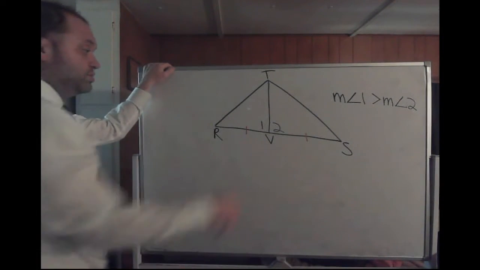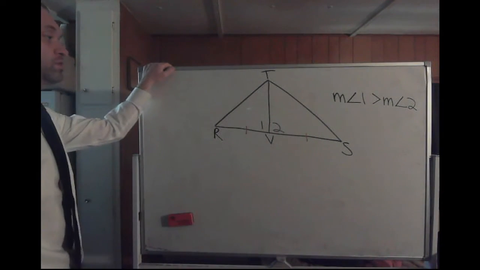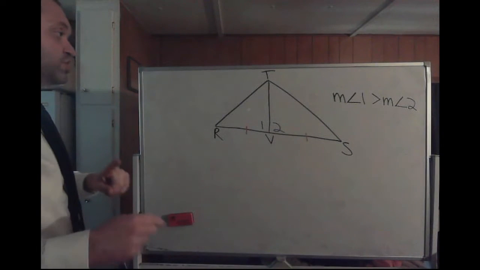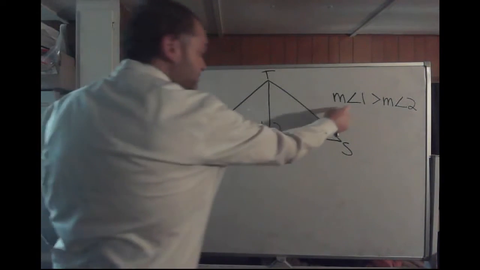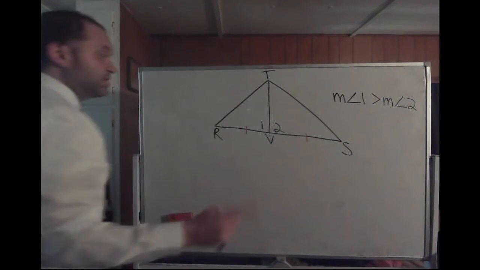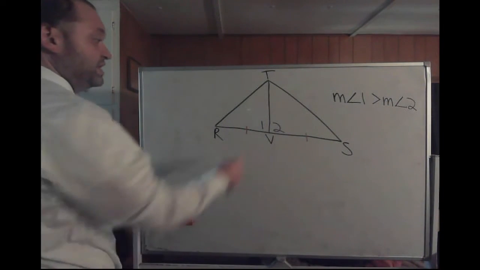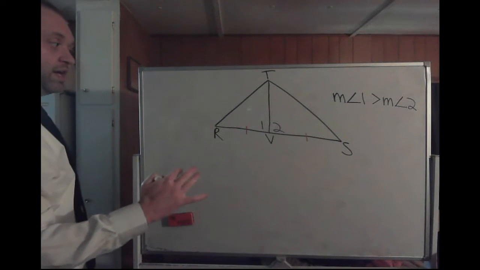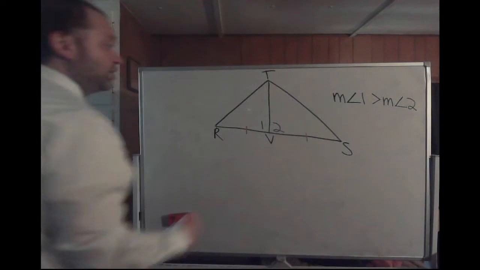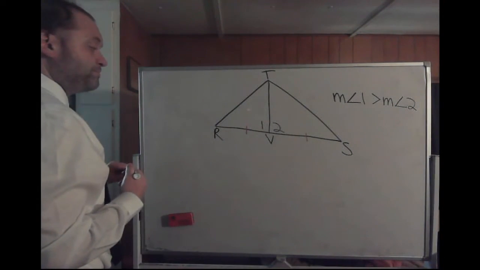So we have two congruent sides of the triangle. We know that much, but we're given that the measure of angle 1 is actually greater than the measure of angle 2. So we got two congruent sides, but the included angle of the first triangle is larger than the included angle of the second triangle.